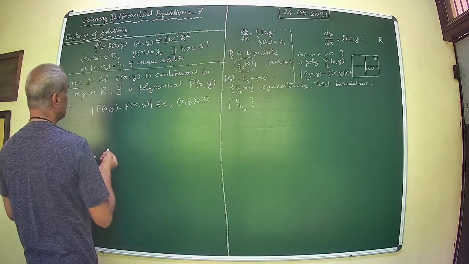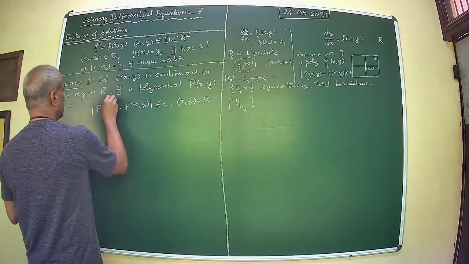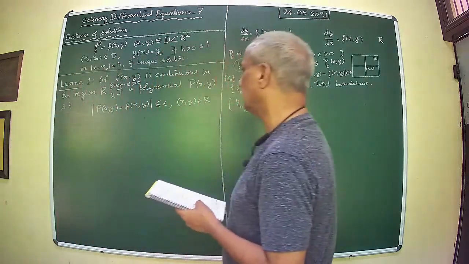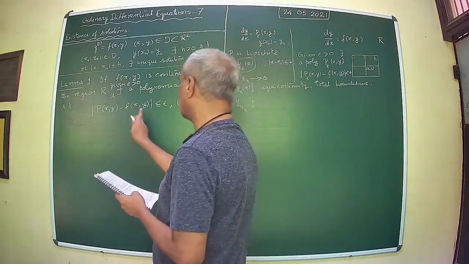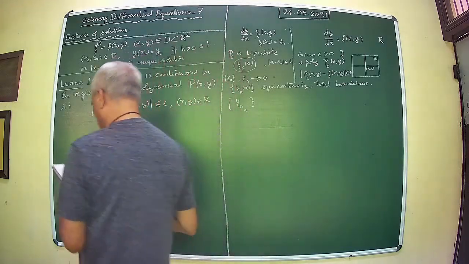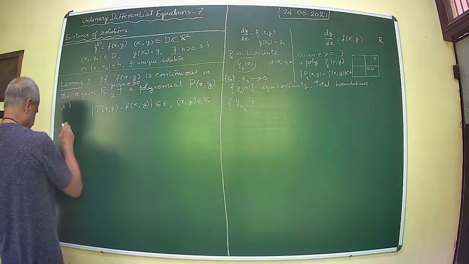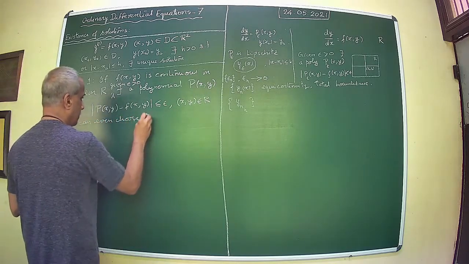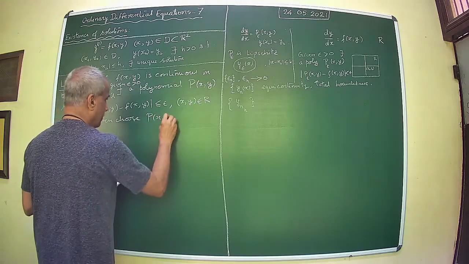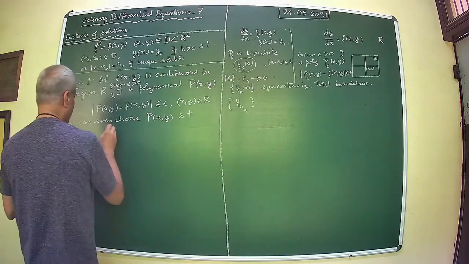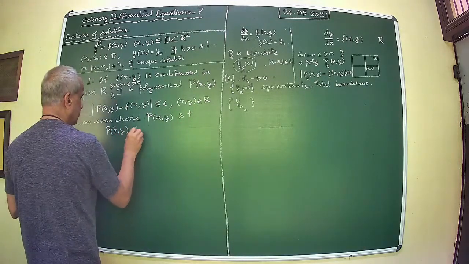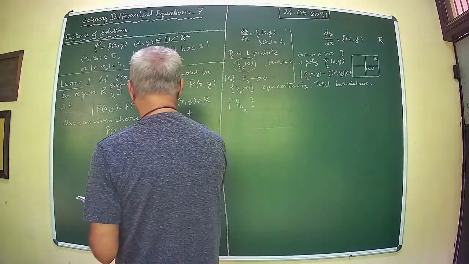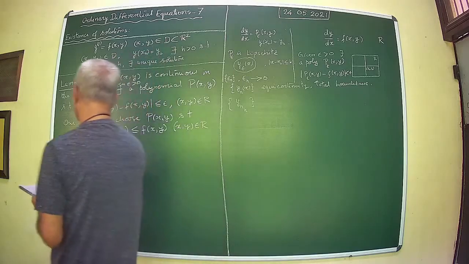You can even choose the polynomial p(x, y) such that it is bounded by f(x, y). This is a result due to Weierstrass.